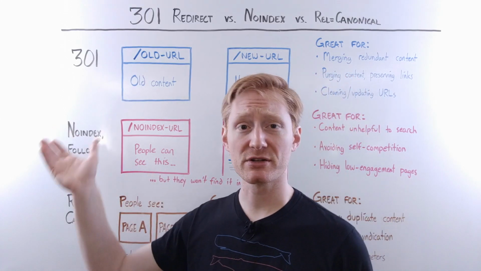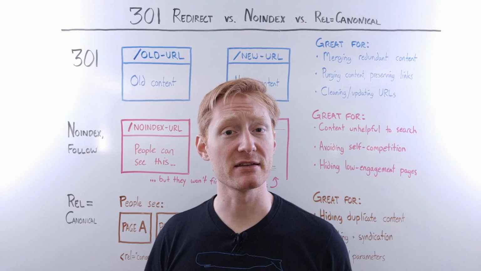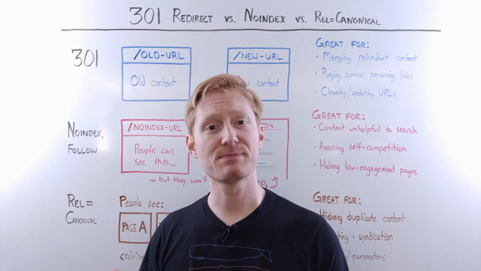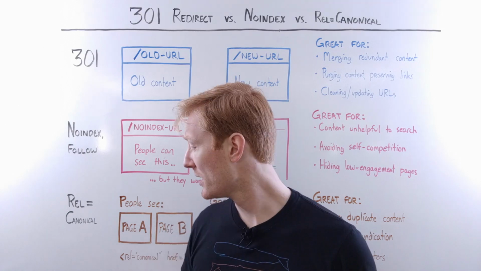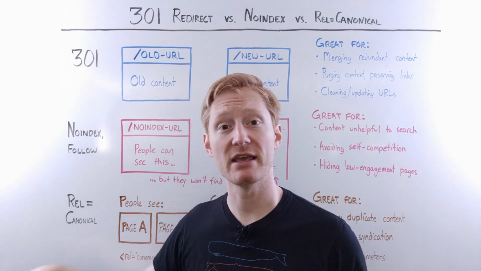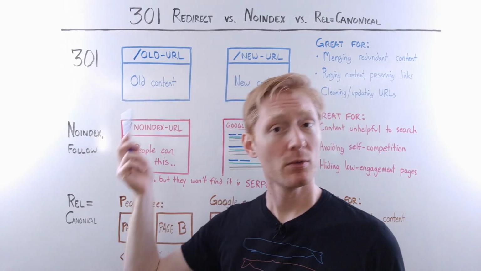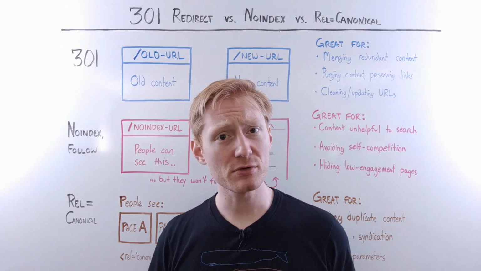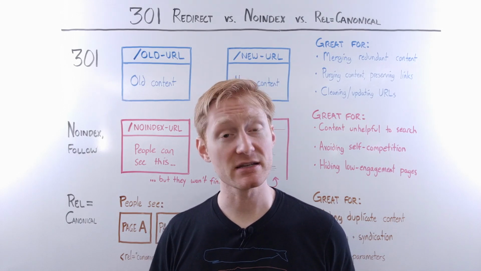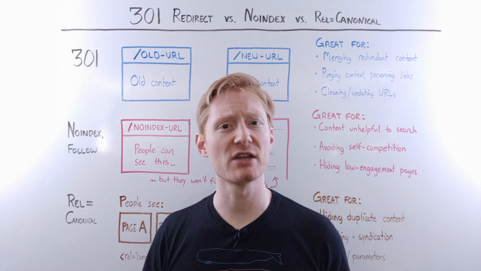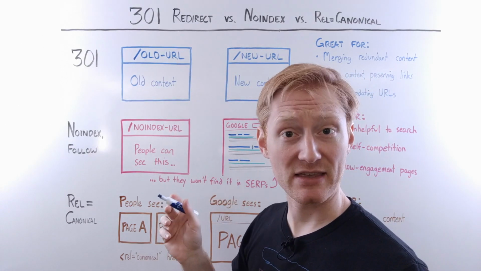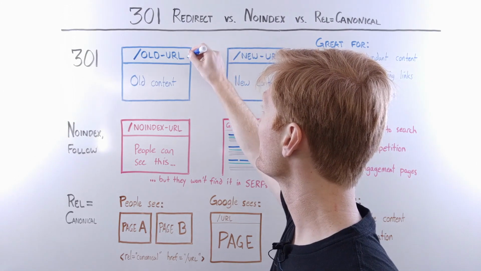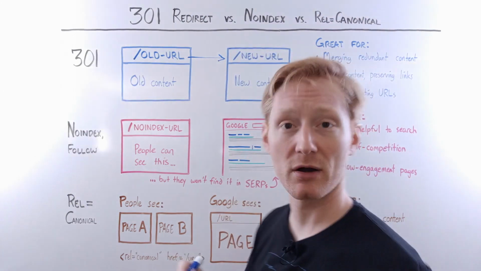Now a 301 redirect just means that the content on a page has been permanently moved to another page. So the way a 301 redirect works is you have an old URL with old content. Once you set up a 301 redirect, then you tell browsers and search engines that everything that is on this page or at this URL should be moved to a new URL.